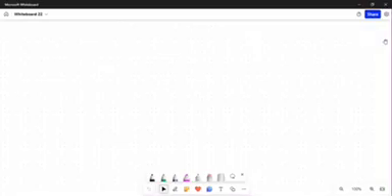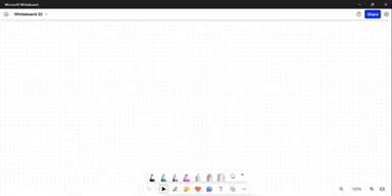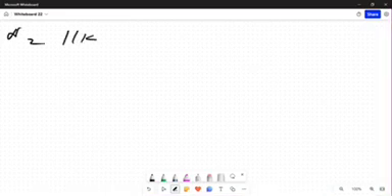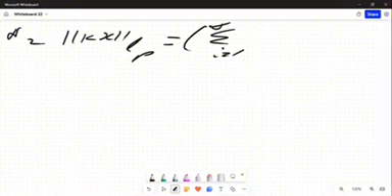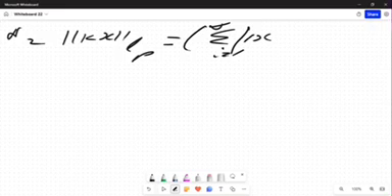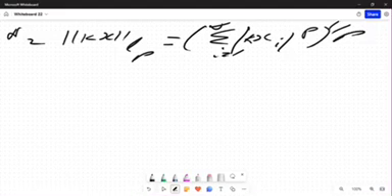So N2 now: you'll be talking of the norm of kx in LP, which is equal to the summation, i counting from 1 to infinity, of the absolute value of k xi to power p, everything to power 1 over p.